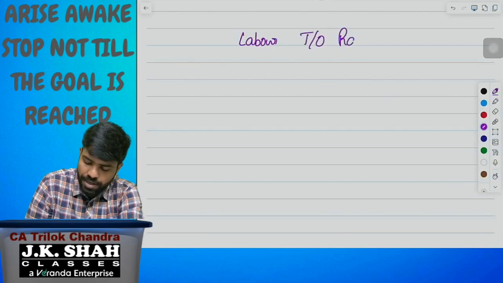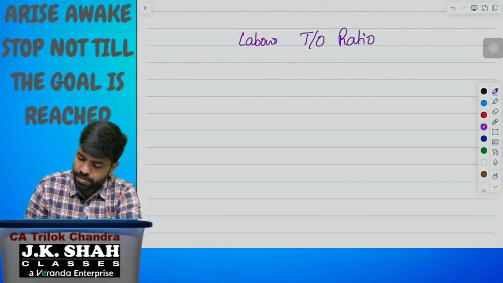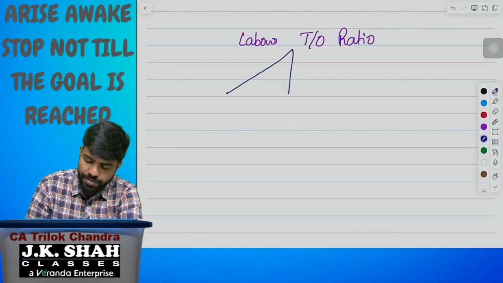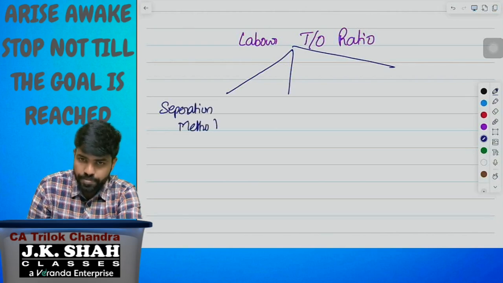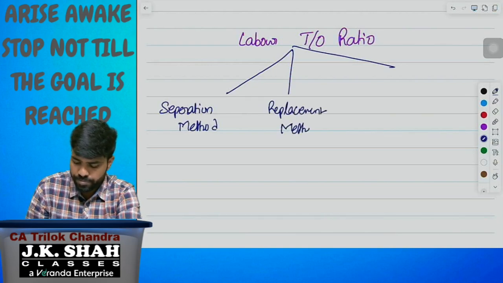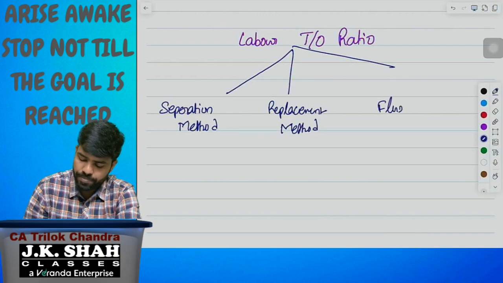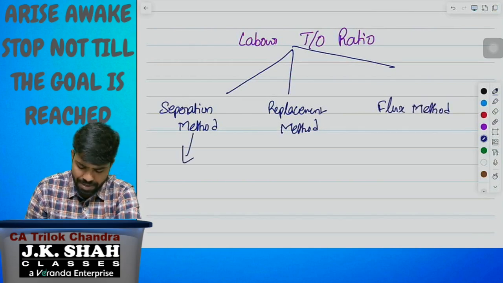Labor turnover ratios. There are three methods. Number one, separation method, number two, replacement method, and then flux method.